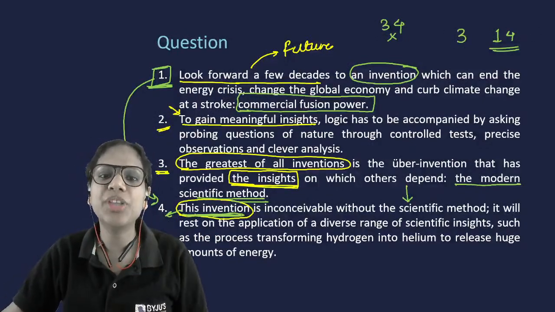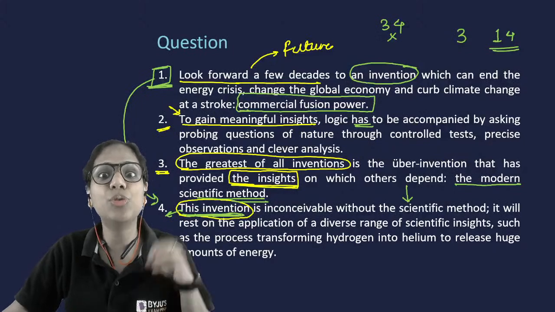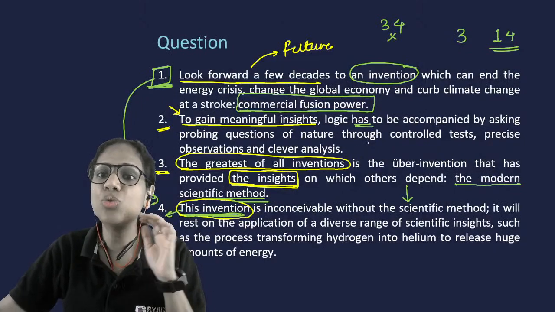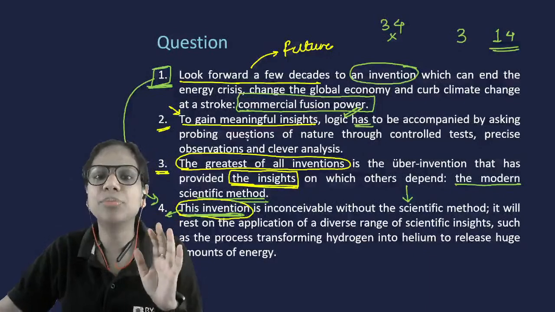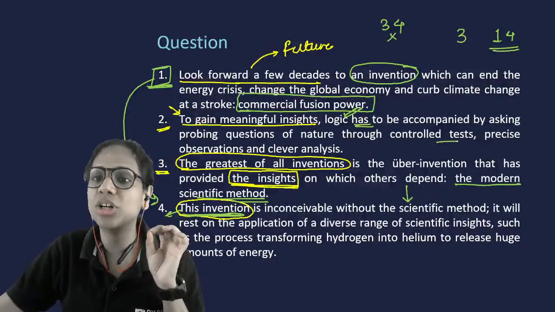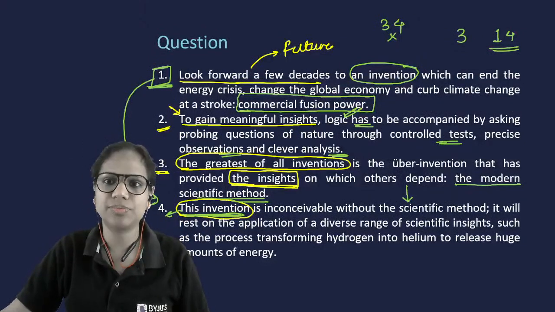Now, 2. To gain meaningful insights, logic has to be accompanied by asking probing questions of nature through controlled tests. So, fine, we use reasoning, but it has to be accompanied by probing questions of nature through controlled tests, precise observations, and clever analysis.